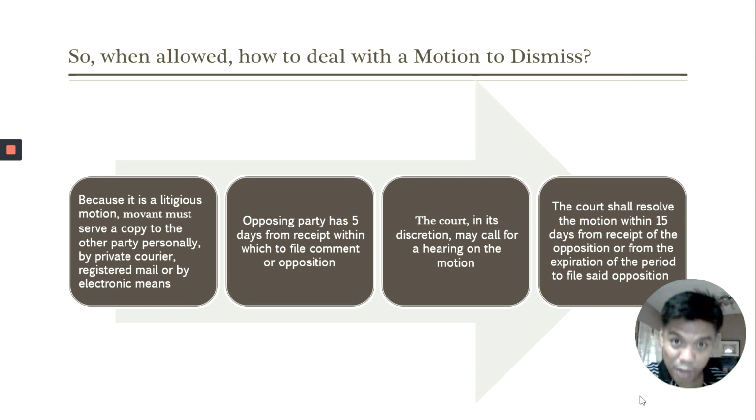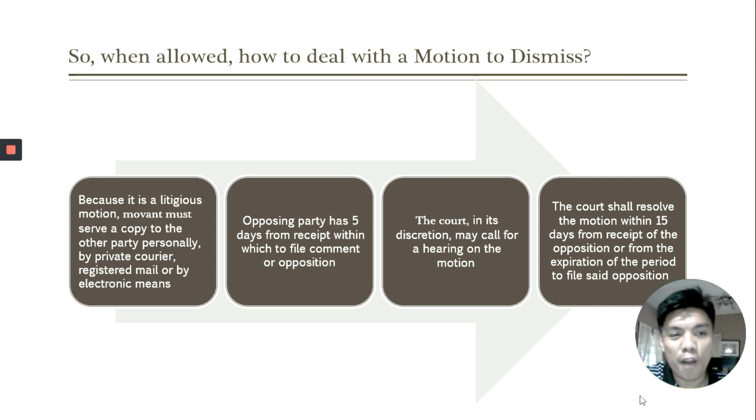But now, it appears that the defendant is no longer required to set the motion for hearing. Just furnish the opposing party and then file it in court. Because after the receipt of the opposition, the court will determine if there is a need for a hearing. So clearly, it is the discretion of the court whether to set the motion for hearing or not.